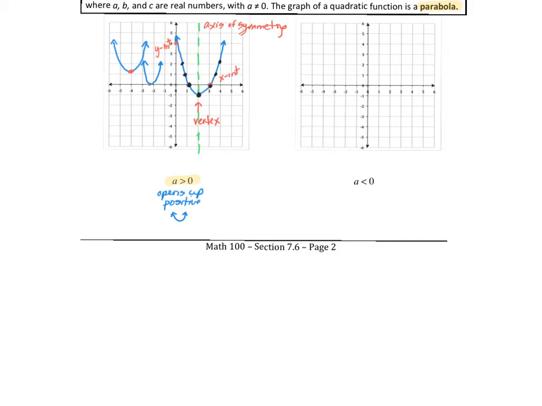Let's look at what happens if our A value is negative. So in that case, it's going to open down. There's negative people frown, so it should look like a frowny face.